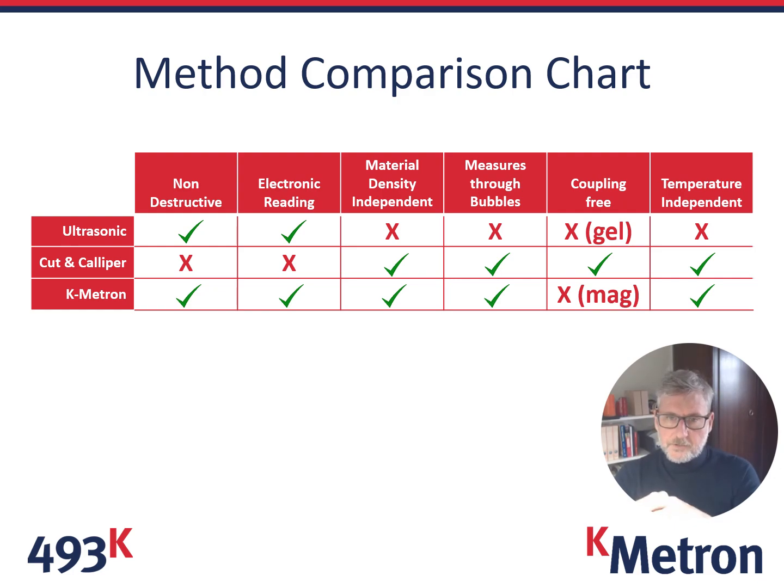With K-Metron, although there's no coupling gel, we do require a magnet to be inserted to the inside surface. This, although it may seem like extra work or something difficult to do, after a short time of using it with the magnet on the string, the operators do not report it being any kind of an issue.